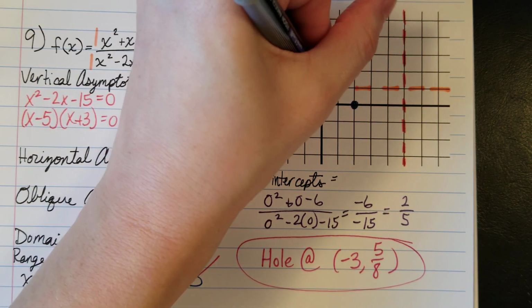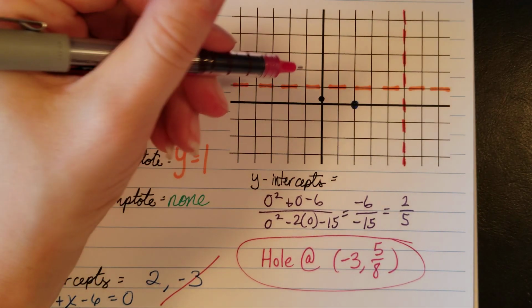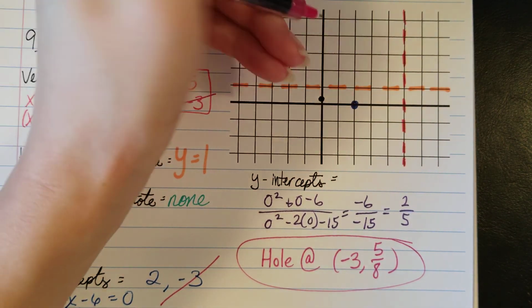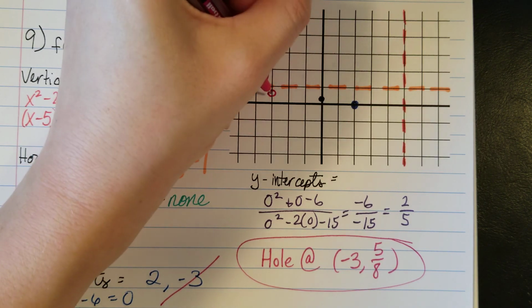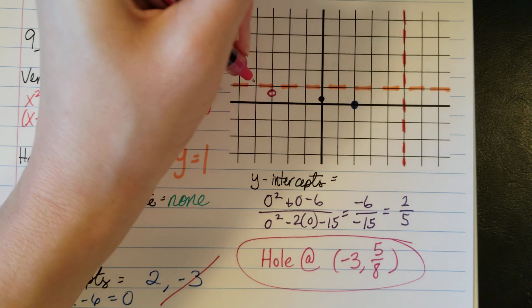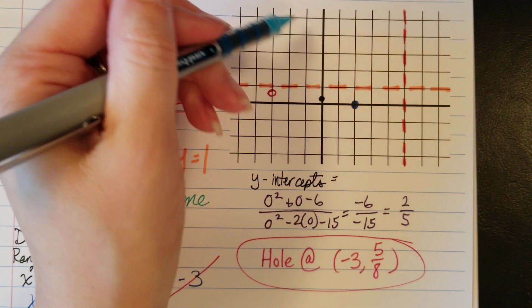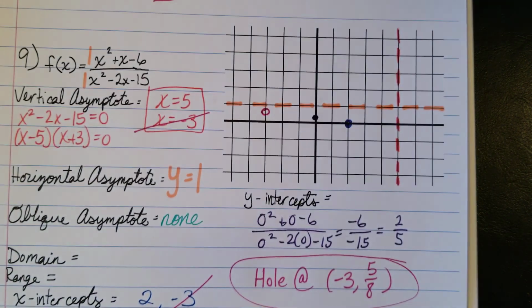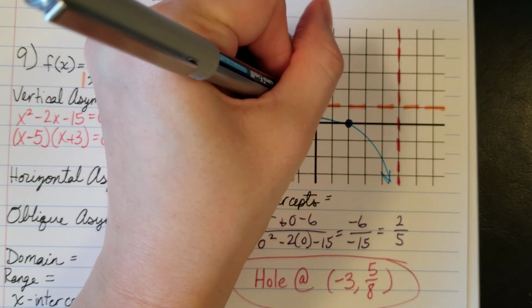We also have that hole at -3 and 5/8. Okay, and we can see it's all in line with that. It looks right. It's not a hole way over here or something. It looks right. It's in line with this.